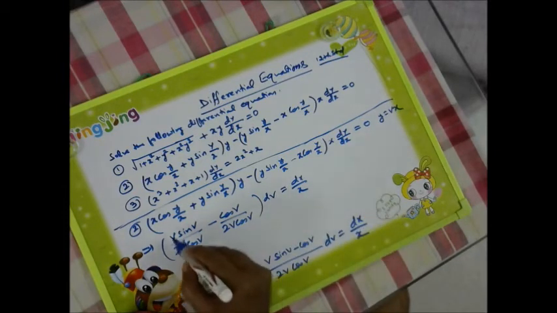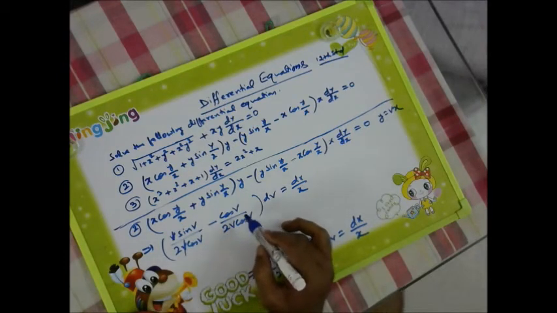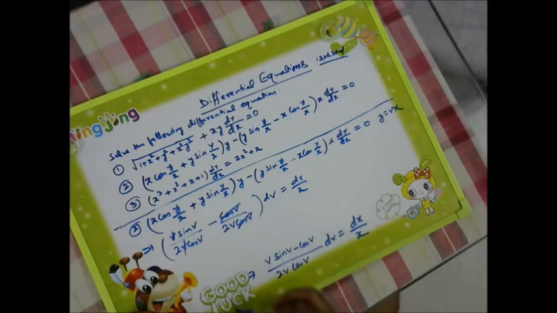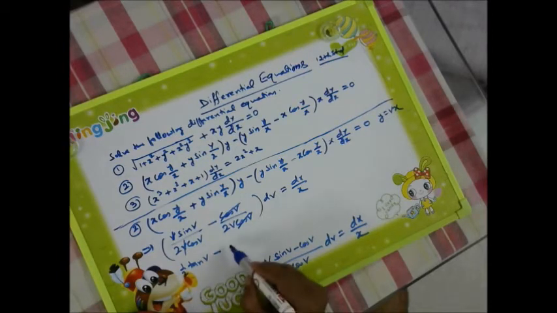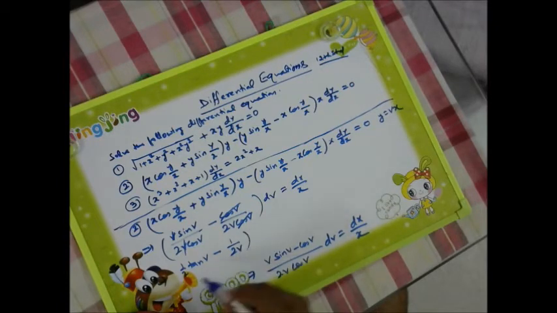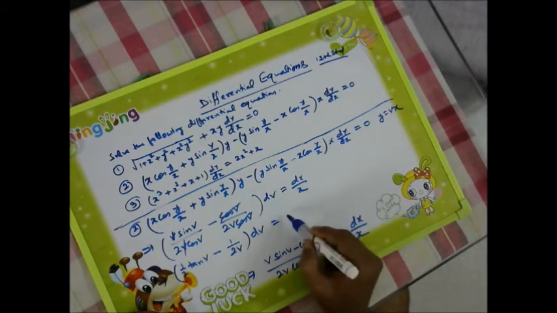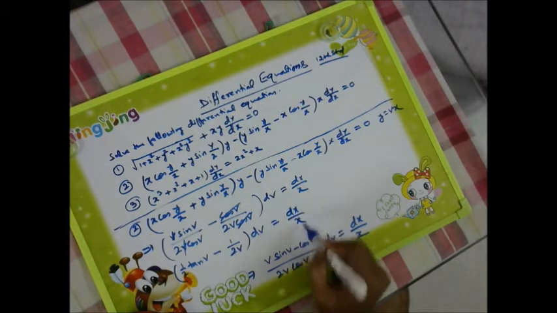Now here this v has got cancelled, this side this cos v has cancelled, and we got, you can say, half tan v minus 1 by 2v dv is equal to dx by x.